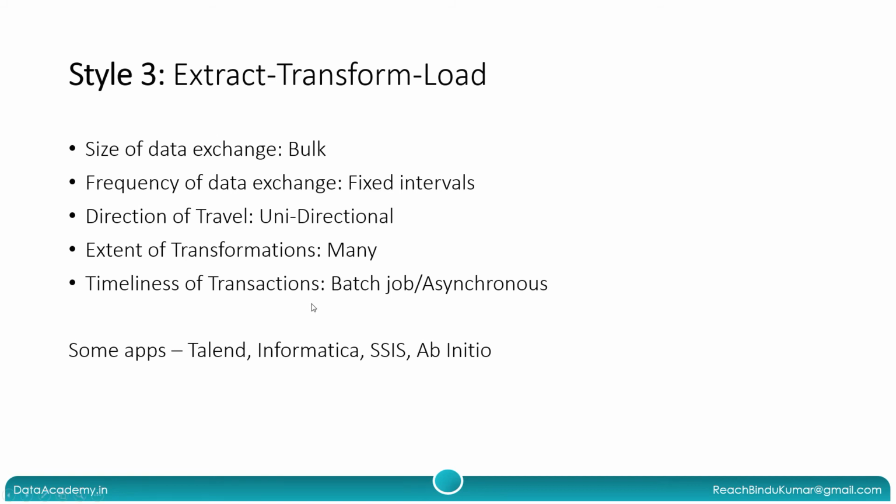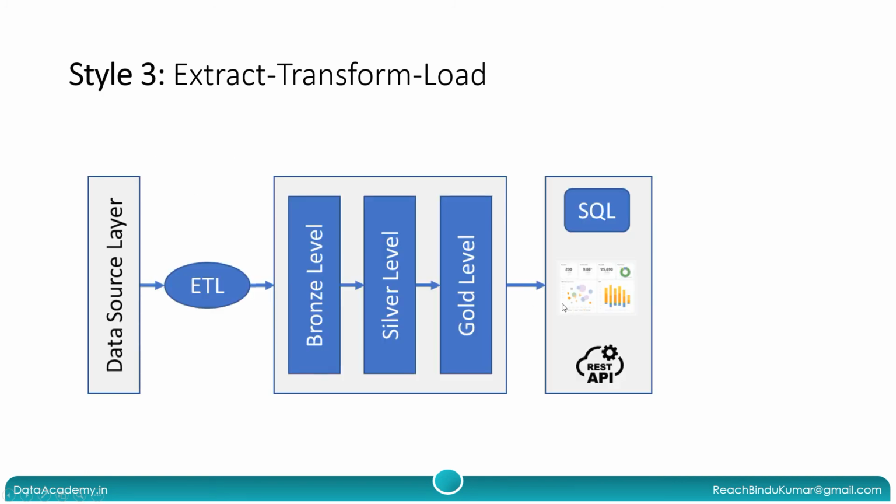Finally, the timeliness of transactions. So here again it is usually a batch job or asynchronous job, meaning there is no need of data being available in the SQL layer as soon as it changes in the data source layer, right? So as I said, the data is often copied once a day, mostly off hours.